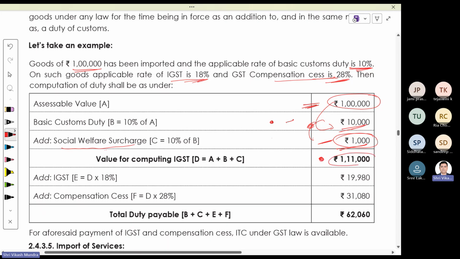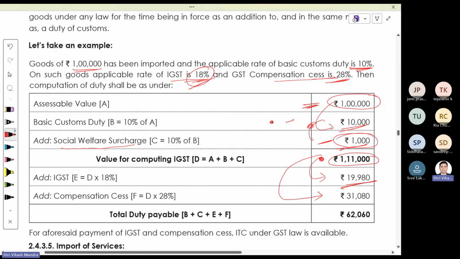On this 1,11,000, we are supposed to calculate our IGST at the rate of 18%, which comes to 19,980. And if GST compensation cess is also applicable, then on this 1,11,000, we are supposed to calculate 28%.